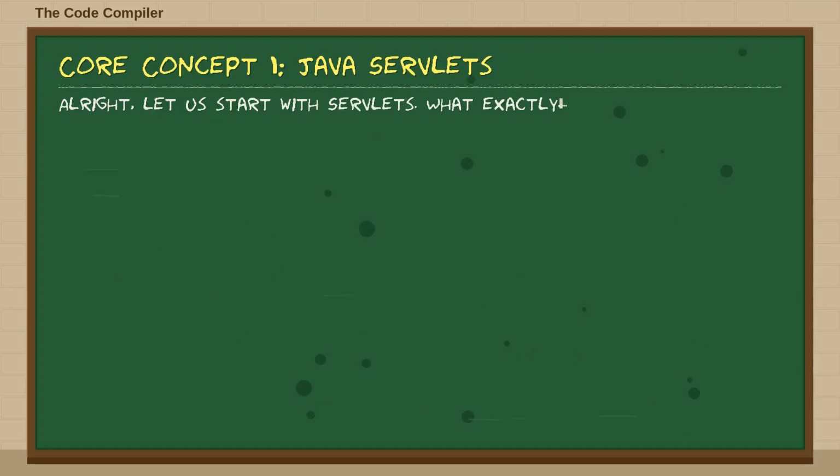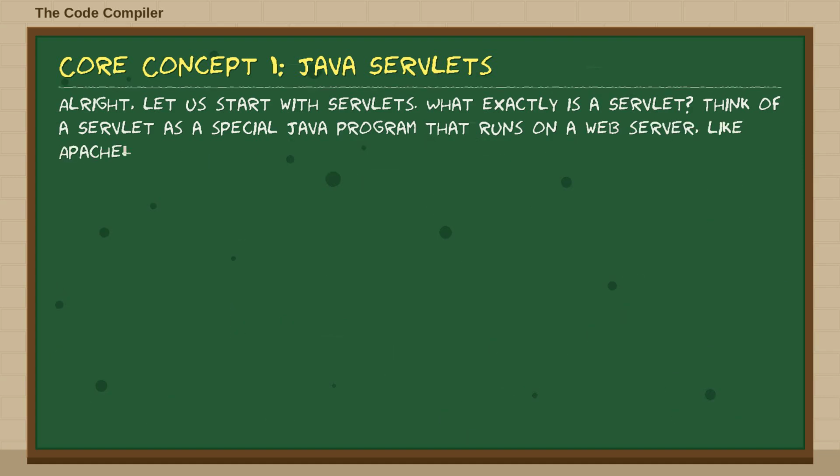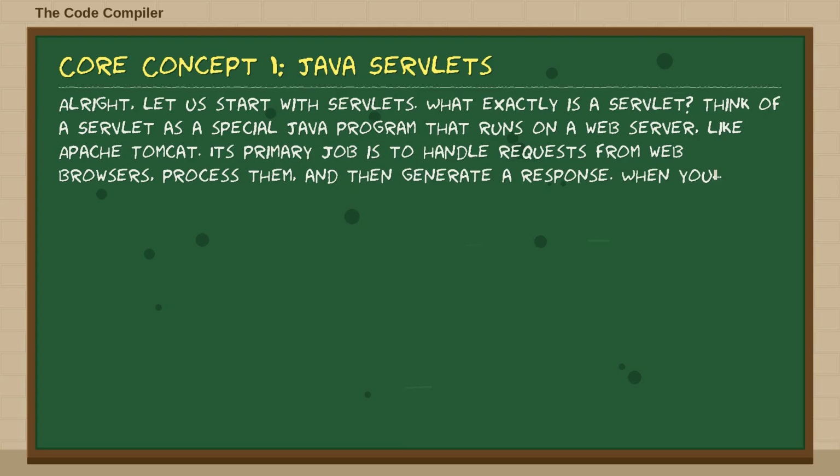What exactly is a servlet? Think of a servlet as a special Java program that runs on a web server, like Apache Tomcat. Its primary job is to handle requests from web browsers, process them, and then generate a response.